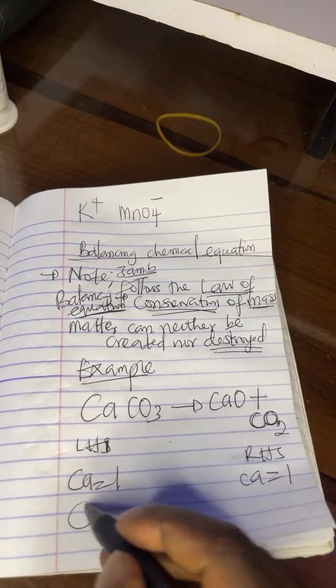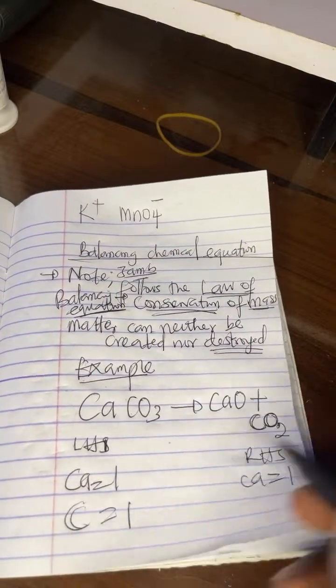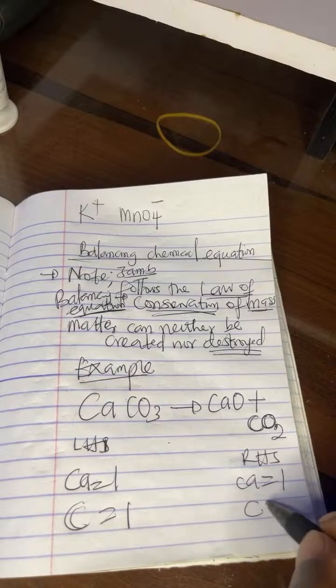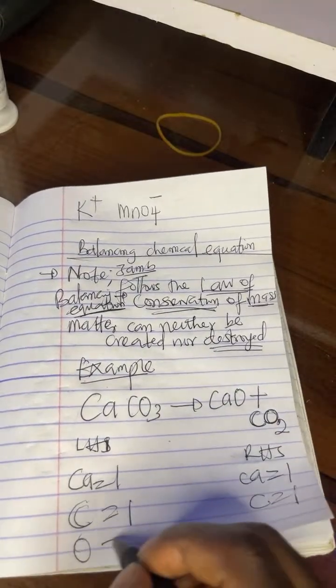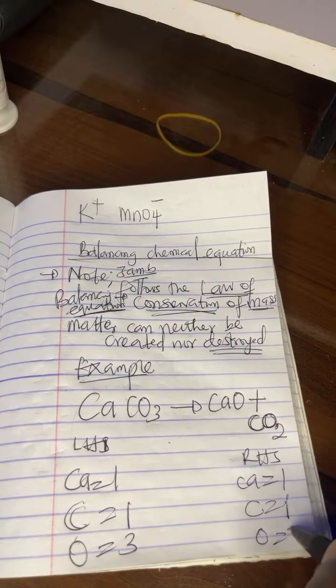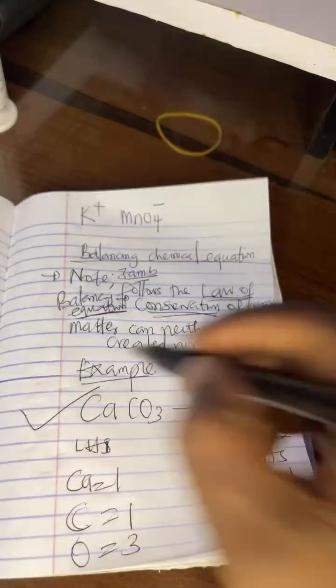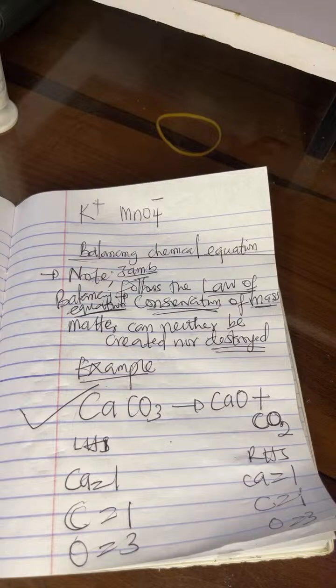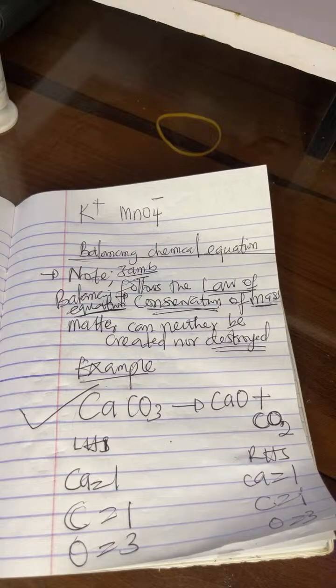How many carbon? 1. How many oxygen? 3. So this is a balanced equation. The first one is not balanced. So that's the way we explain that.